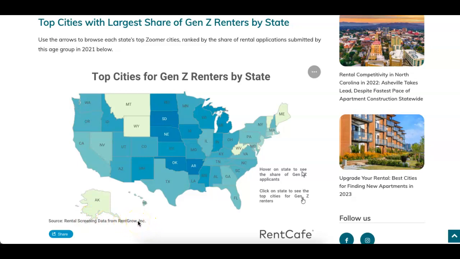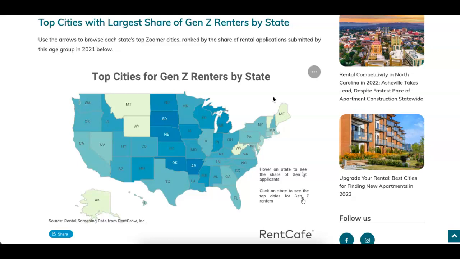But let me just show you what I mean by writing a story talking about the variables. As you can see, top cities for Gen Z renters by state. I'm going to just pick California. You hover over this and it gives you all kinds of information. I'm assuming that places that don't have information, Montana, Wyoming, Maine, Vermont, are probably neutral.